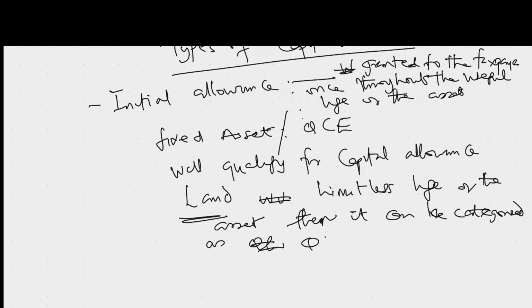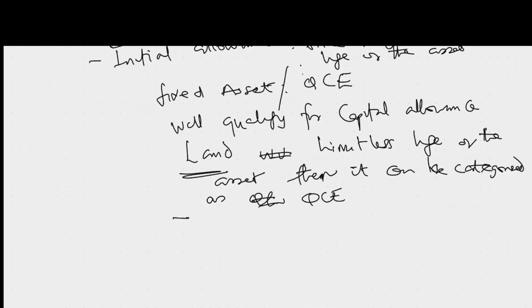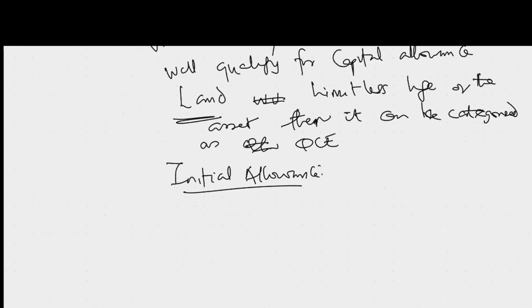Now, having said that, how do you calculate your initial allowance? Initial allowance is calculated as cost multiplied by the initial allowance rate.